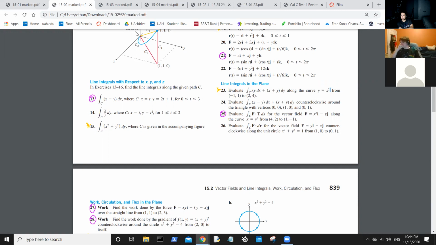So they did integral of c or whatever f times T ds is their formula, and that becomes f times the derivative of r, and they got, oh boy, so it's not even a, is it a dot product?